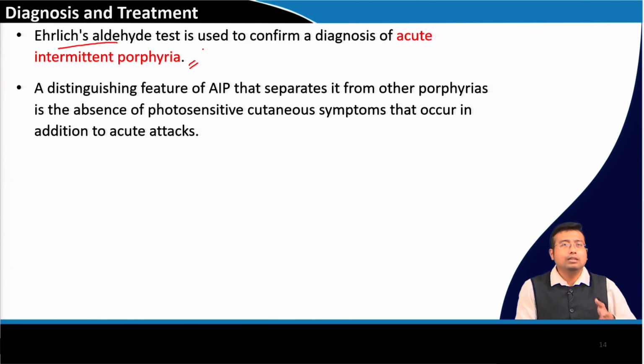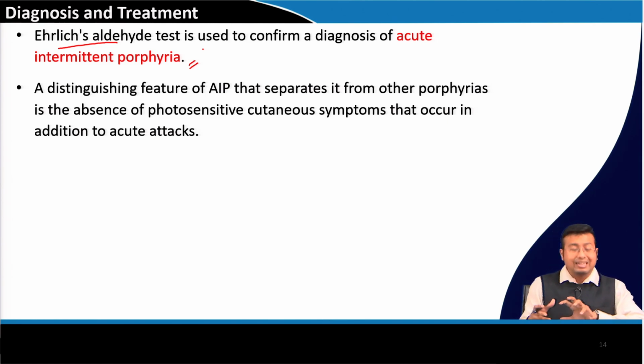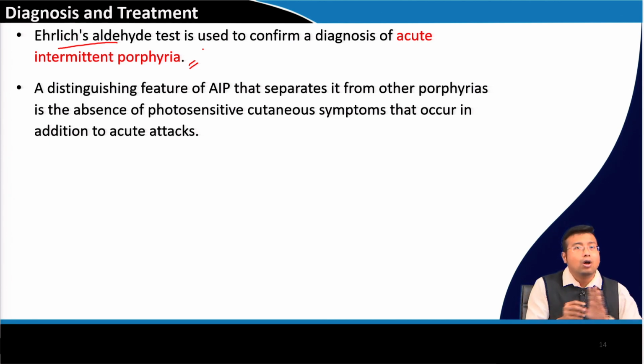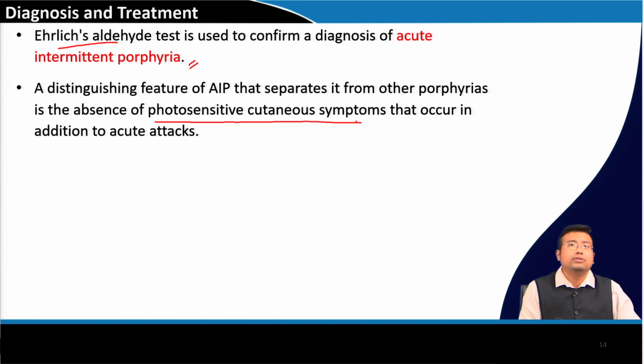So, the distinguishing feature of acute intermittent porphyria, how it is differentiated from other varieties of porphyria, is there is an absence of any photosensitive cutaneous symptoms, right, in addition to the acute attack. There is only acute abdominal pain, tachycardia, vomiting, but there is no photosensitivity. We will be discussing in detail what photosensitivity is, and why we are saying there is no photosensitivity.